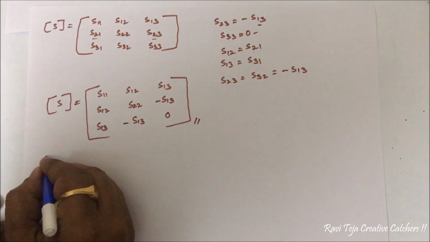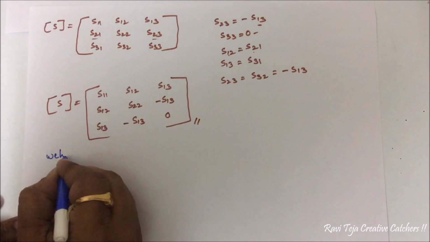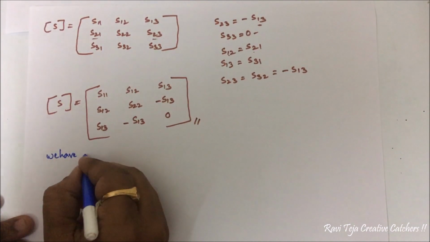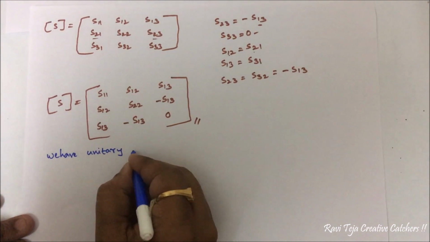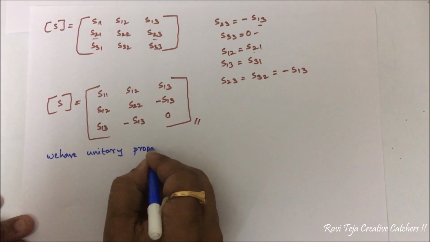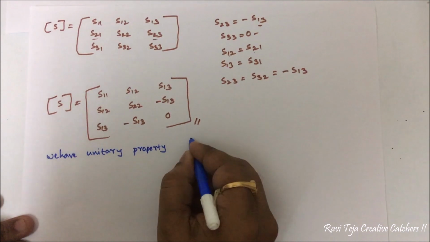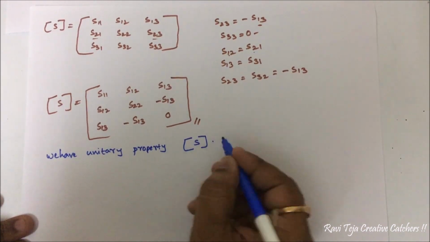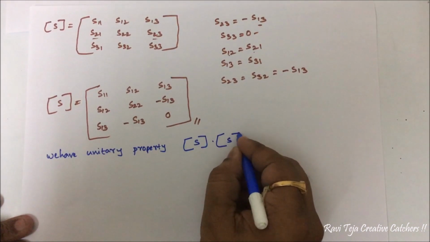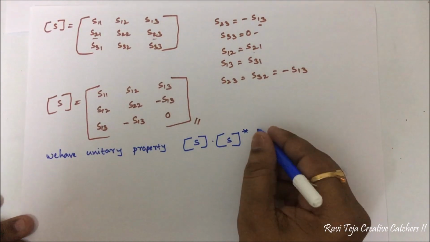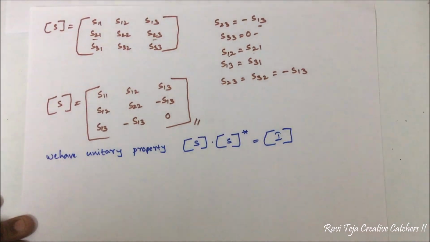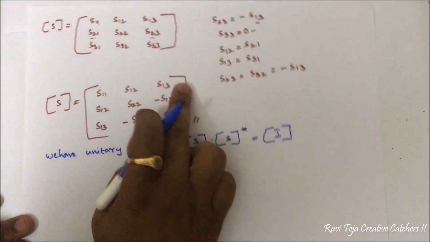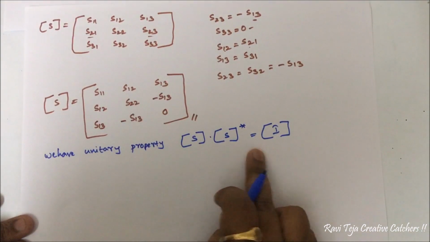So now we have the unitary property. We will be considering the unitary property S into S star equal to I, the unitary matrix. Now we need to substitute all this in this particular formula.